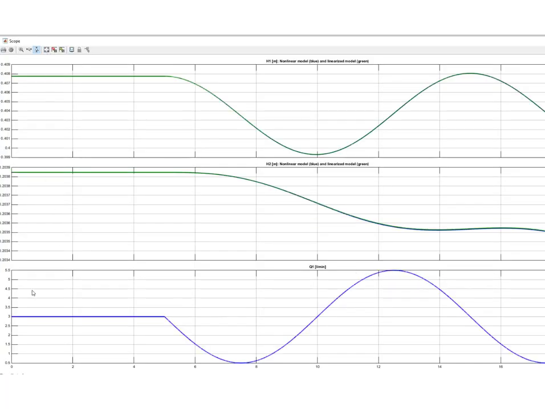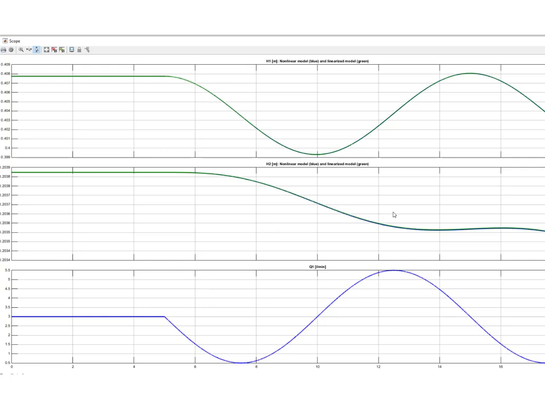Okay, so here below you see the input. So for 5 seconds it's equal to the nominal working point, right? And then we start varying the input, and we can look here at the output of the nonlinear model and the linearized model.